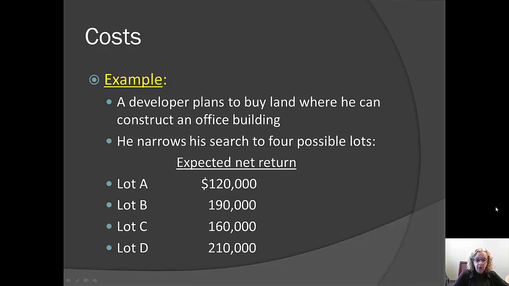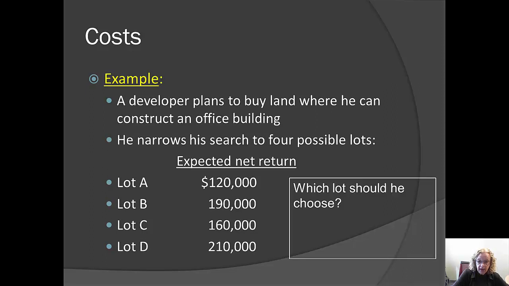That means how much revenue does he think he's going to get from each one, minus the costs that he expects to incur for each one. So now we need to look at each of these lots. The question is, which lot would he choose?